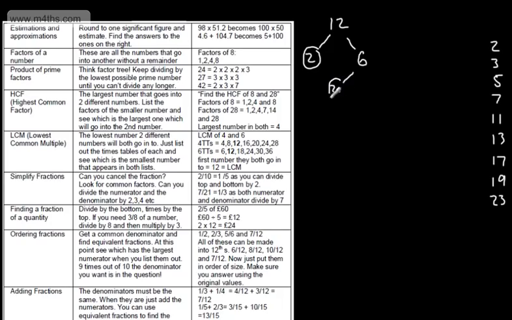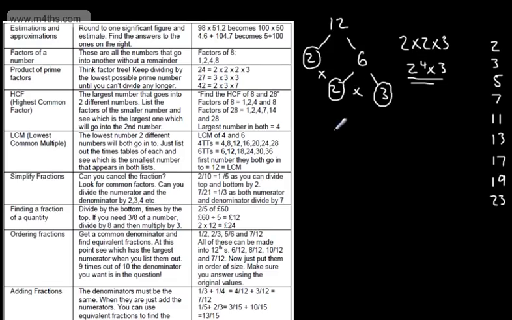Yes, I can. And that leaves me with 3. 3 is a prime number, and all I'm doing is circling the prime numbers. So it becomes 2 times 2 times 3, or if you like, 2 squared times 3. That is writing 12 as a product. Product means multiply. Prime means the prime numbers. Factors just mean the numbers that go into 12.